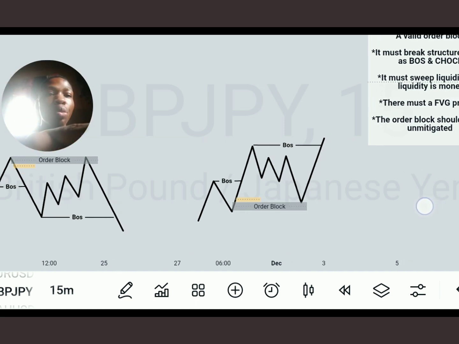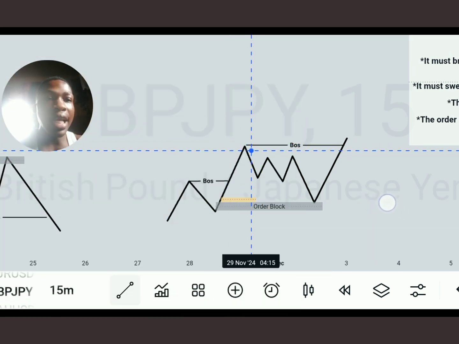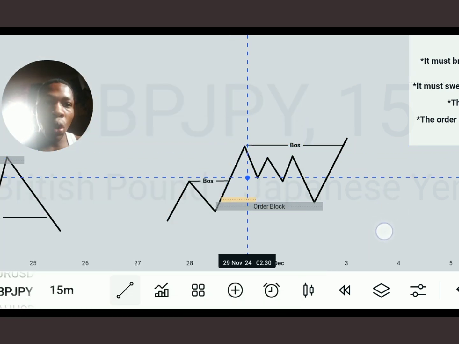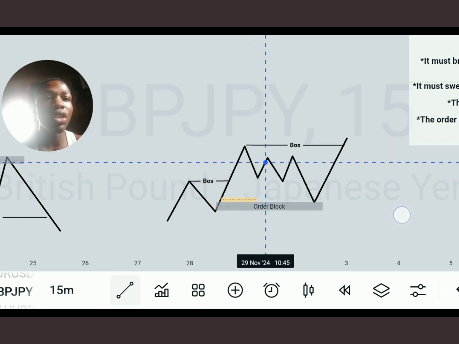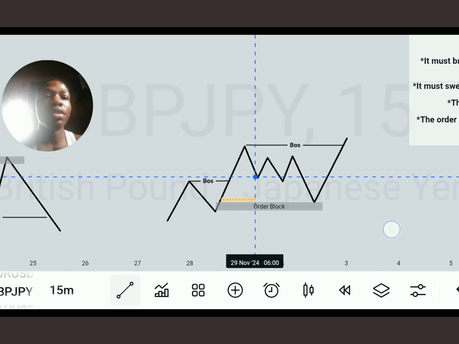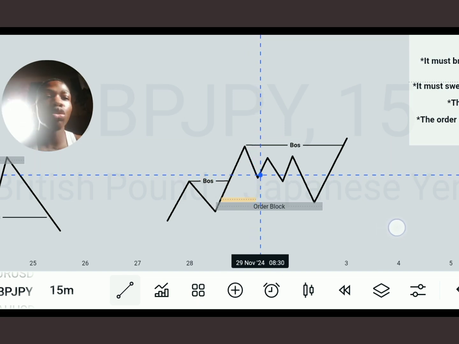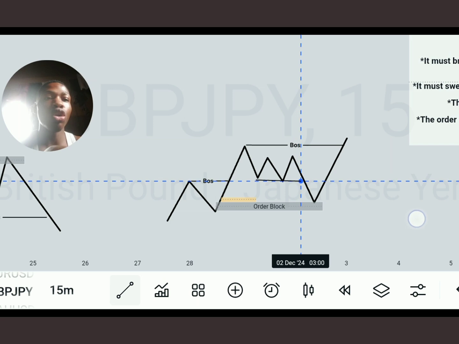So if you look closely, here is liquidity. This is a high. This is a low. Then price started consolidating, and the price did not cross this area. It was consolidating.